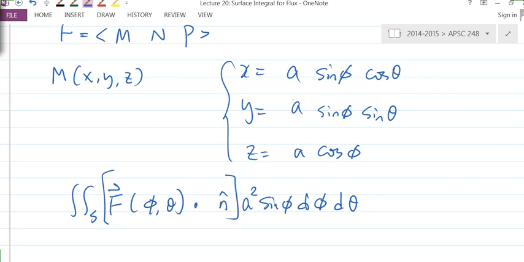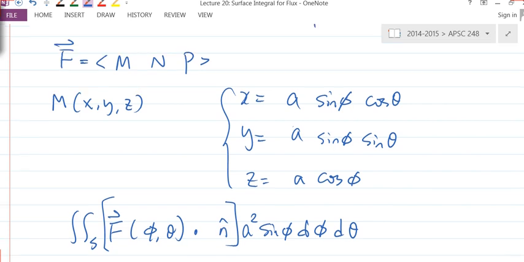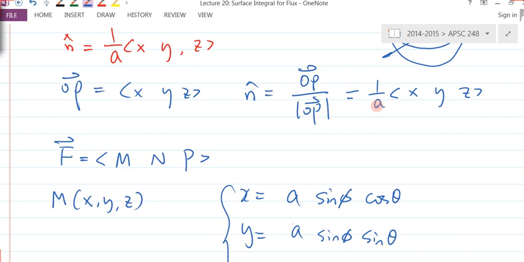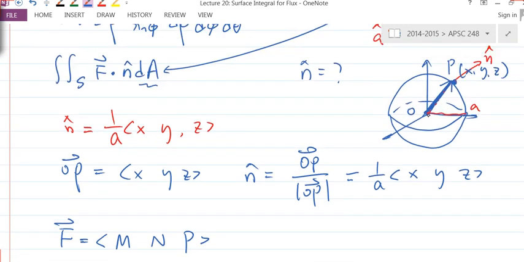And what is n hat? N hat is this guy here. Replace the x, y, z with whatever here. How do you get 1 over A? Given point P here, the perpendicular vector to the surface is OP.